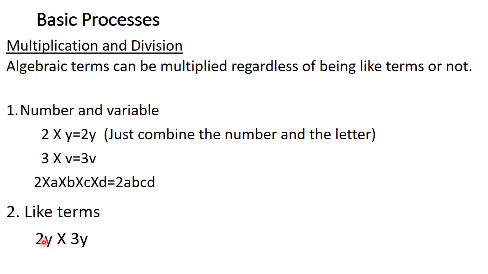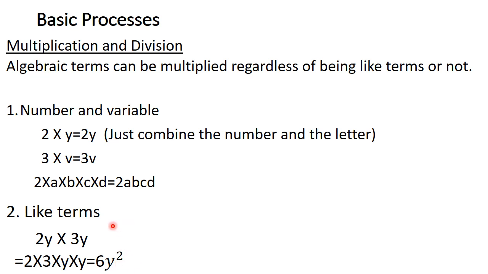If you multiply the number parts, positive 2 times positive 3 or 2 times 3 is going to be 6. And y times y, if you recall indices, y times y is y squared. So just multiply the numbers and the letters like this, 2 times 3, 6, and y times y, y squared.